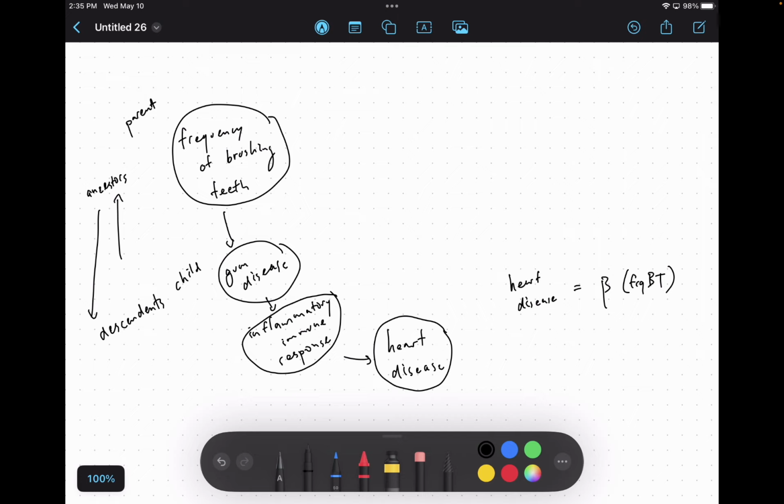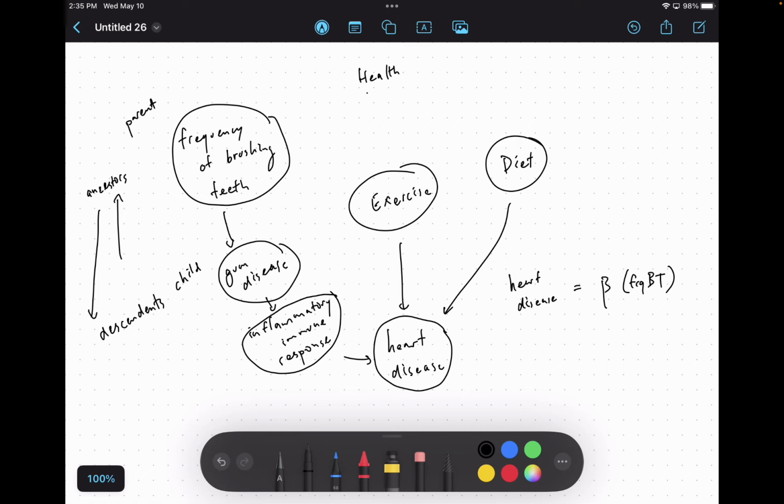I think your point is that we could have something like exercise, which might relate to heart disease, or diet, that could relate to heart disease. So this might be an overall thing of health consciousness, and that's exactly right.